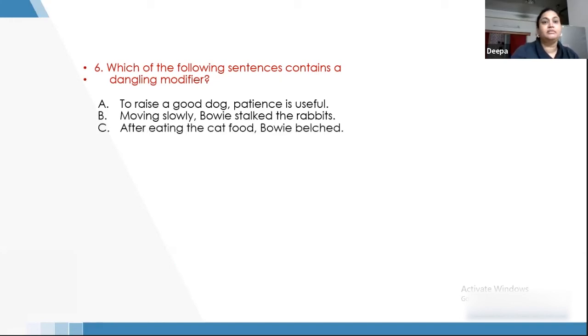After eating the cat food, Bowie belched. The first one, A, has a dangling modifier. Let's go to number 7.